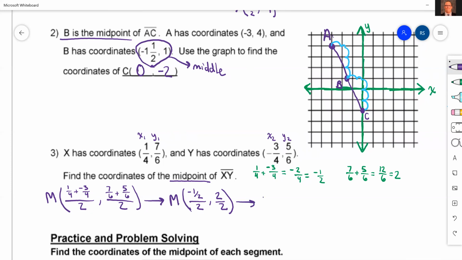And now we've got to simplify our fractions. So negative 1/2 divided by 2 gives you negative 1/4. And then 2 divided by 2 is 1. There's our midpoint.